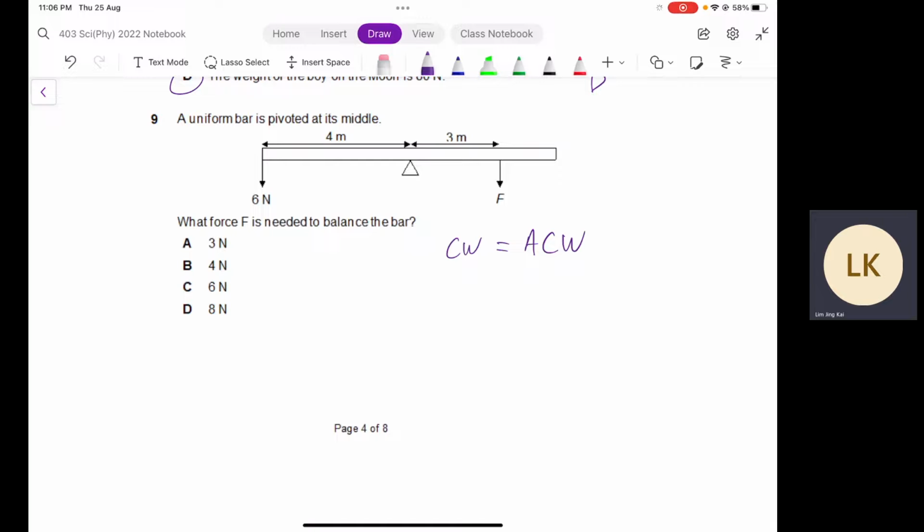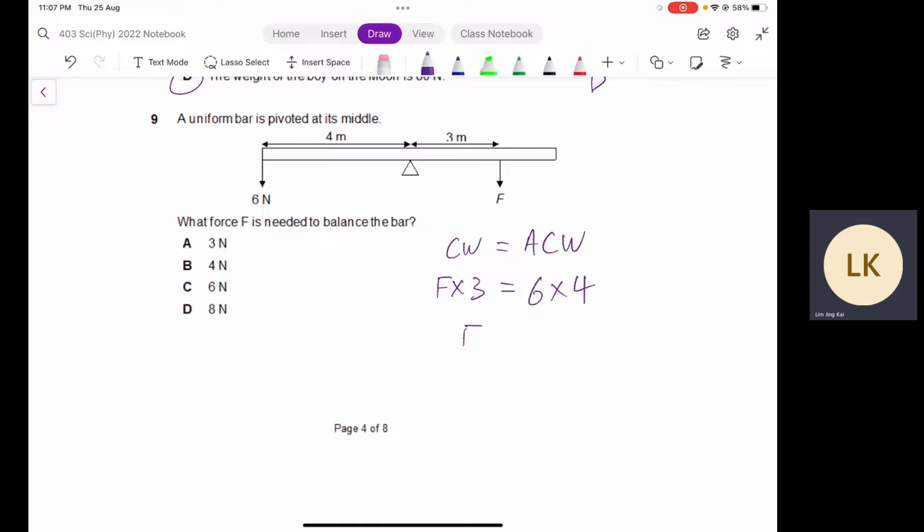So let's put all the clockwise and anti-clockwise moments into the equation first before we proceed. F is going to give us a turning effect in this direction, which is a clockwise moment itself. So force times 3 will be equal to the other side, where the 6 Newton will give us an anti-clockwise moment.